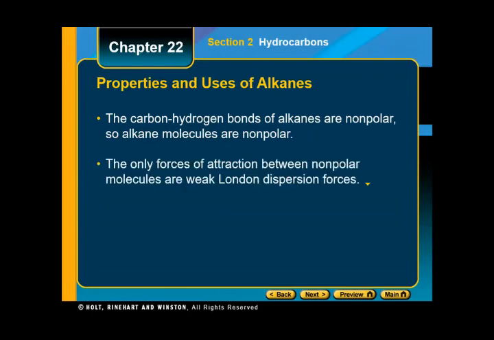And by the way, the alkane molecules are non-polar, so you are not going to find even a positive partial charge or negative partial charge on them. The only forces of attraction between nonpolar molecules are weak London dispersion forces. So the London dispersion force is weak between the molecules of the alkanes.